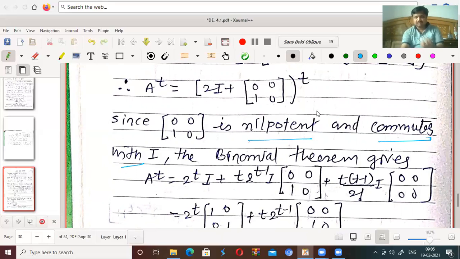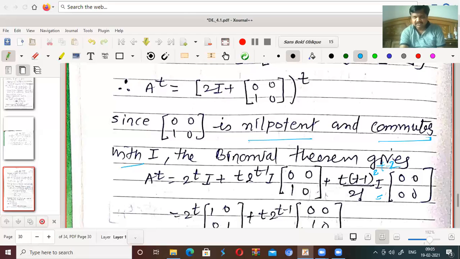Now (2I) to the power t minus 1 is 2 to the power t minus 1 into I, and here it should be 2 to the power t minus 2 into I. The matrix I remains, and only the first power of 0, 0, 1, 0 appears. Now the second power of 0, 0, 1, 0.